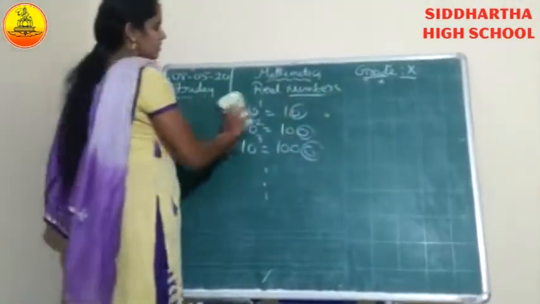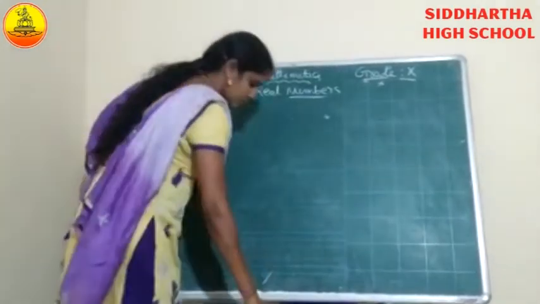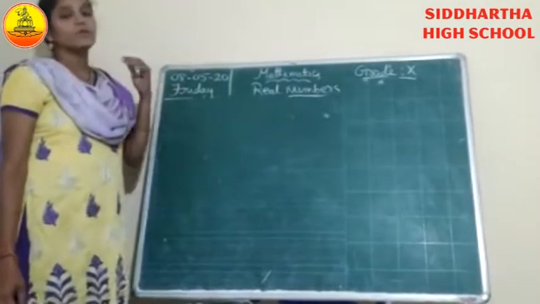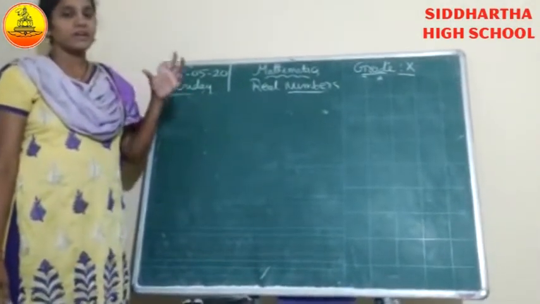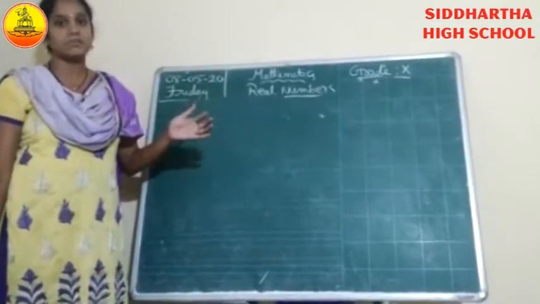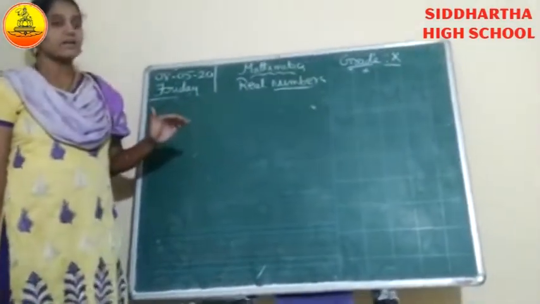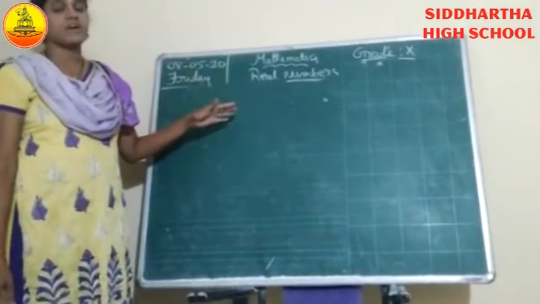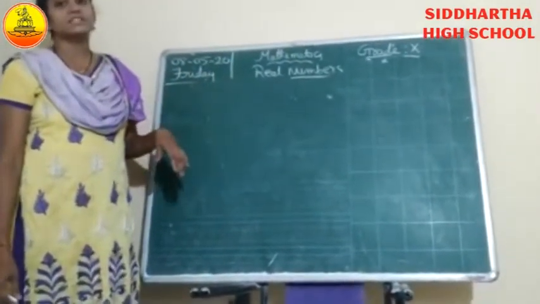Now, to end with 0, there is one rule. Whenever a number ends with 0, meaning the digit in ones place is 0, if the number contains 2 and 5 as prime factors, then the number ends with 0.